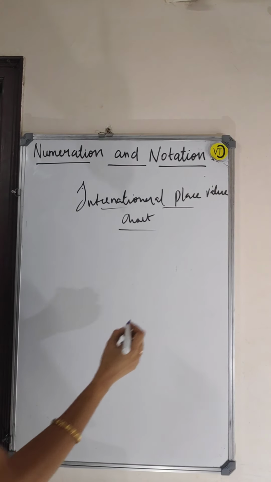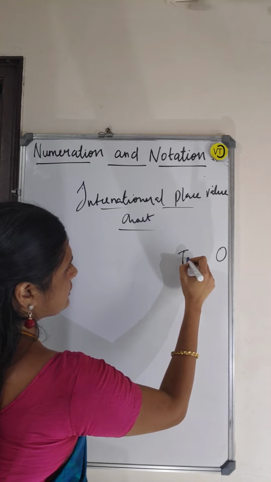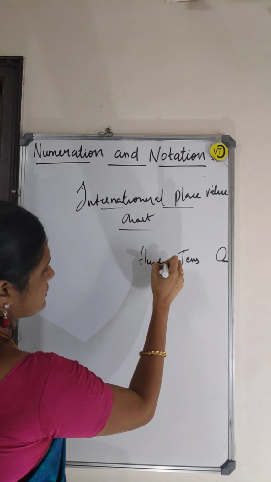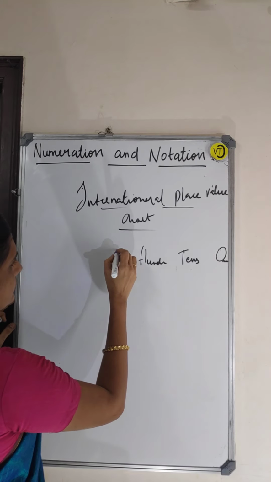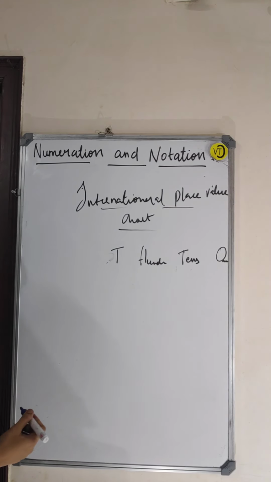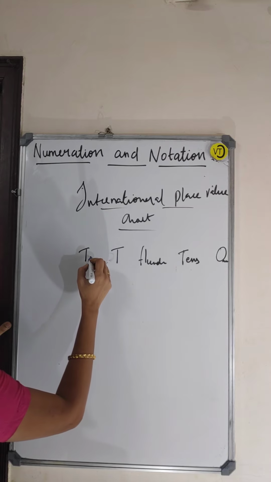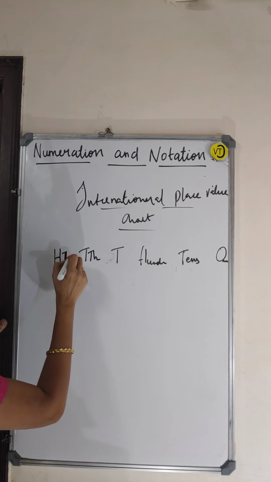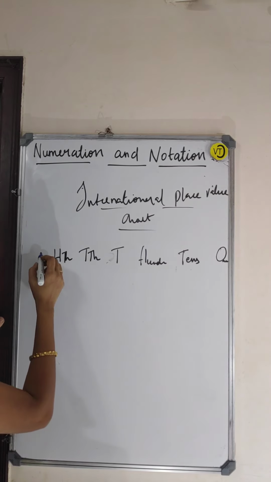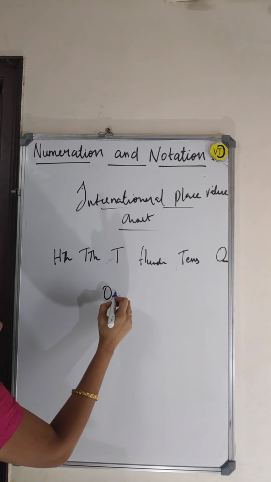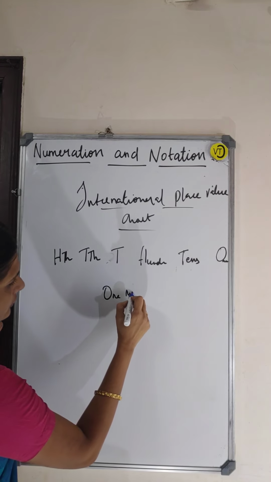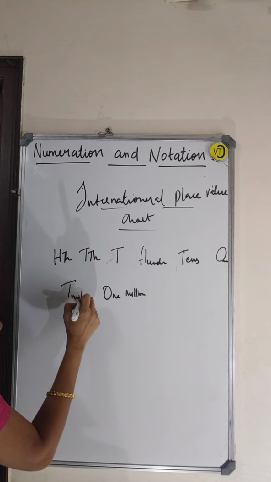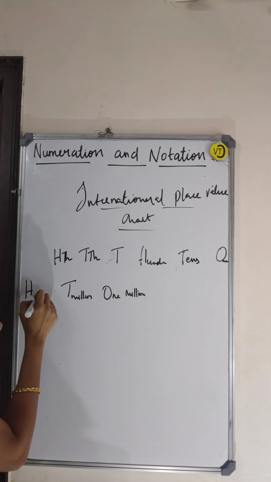Here also you have to start from ones, tens. This is ones, tens, hundreds, thousands, 10,000s, 100,000. Here I will write 1 million, 10 million, 100 million.